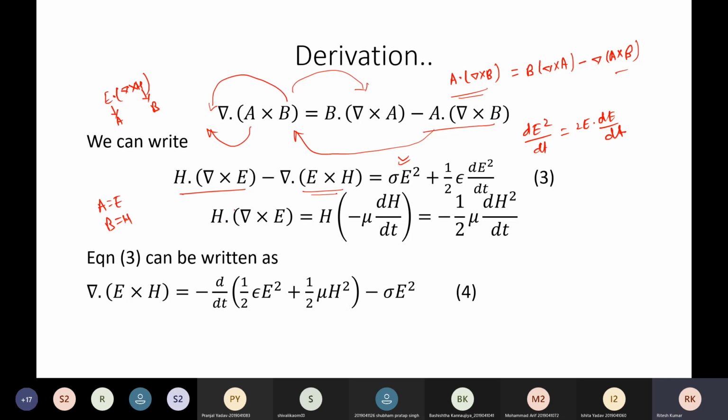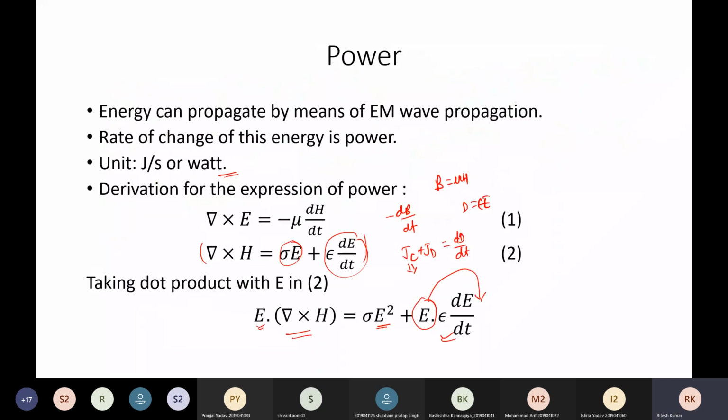Now this H dot curl of E, for the first equation, if we take the H dot product, we can write H dot curl of E equal to minus mu H dH divided by dt, or when we bring it to the right side, minus half mu d by dt H square.